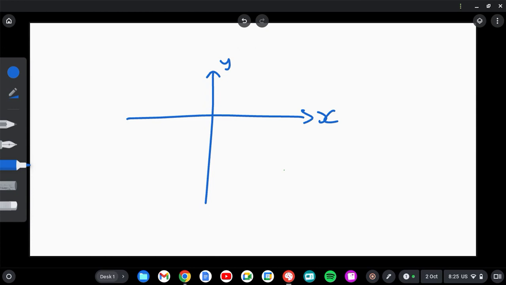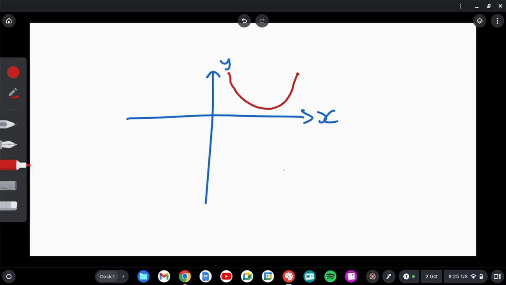Where does above 0 lie? Above 0 will be like that. See the shape. I'll probably put it in red. It's like this. Can you see how it does not touch the x-axis?